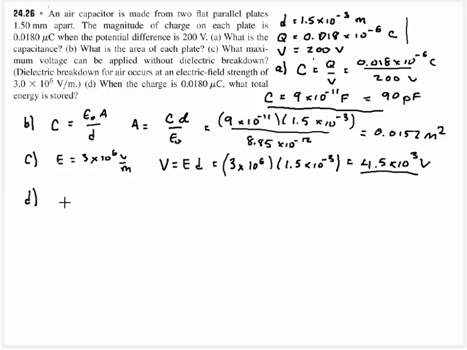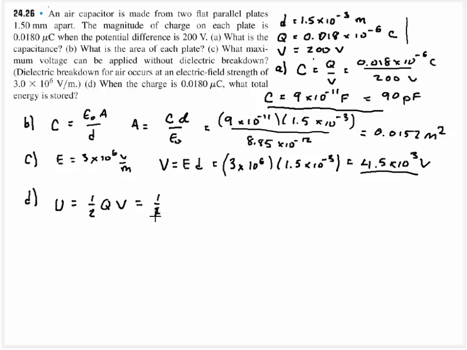Lastly, for part D, we're asked to solve for what the energy is. You can write the energy any number of ways. I'll simply do 1/2 charge multiplied by voltage. I could also do Q squared over 2C or any of those other ones that we have.